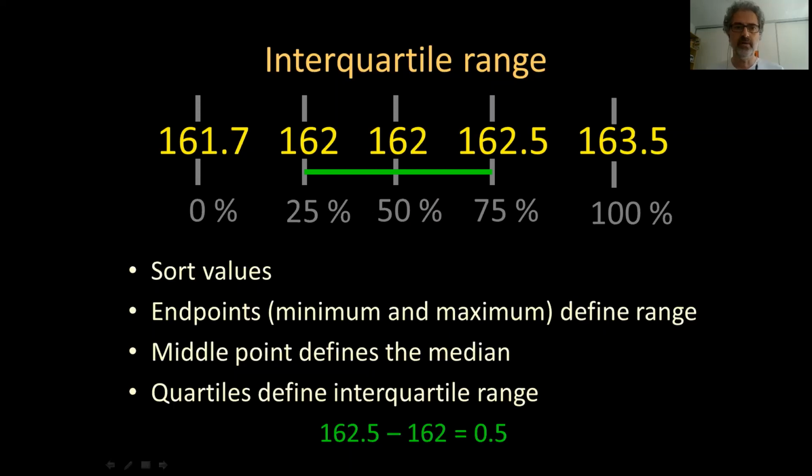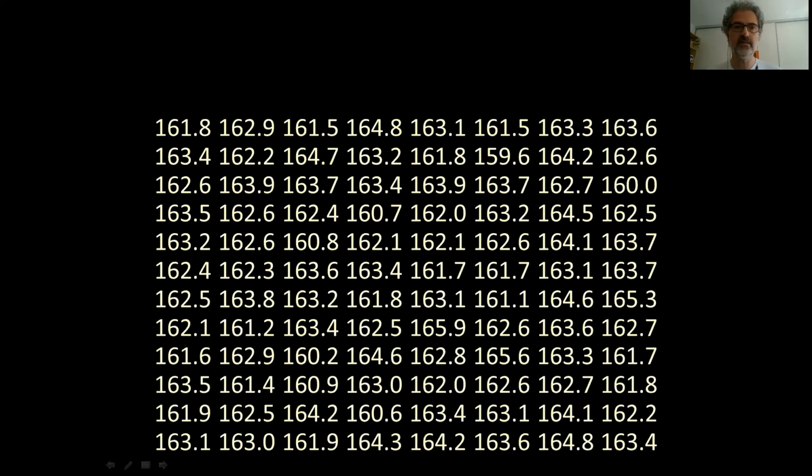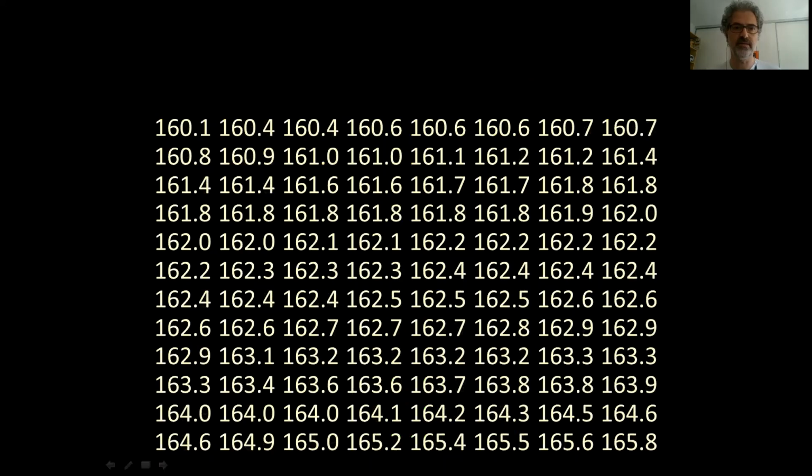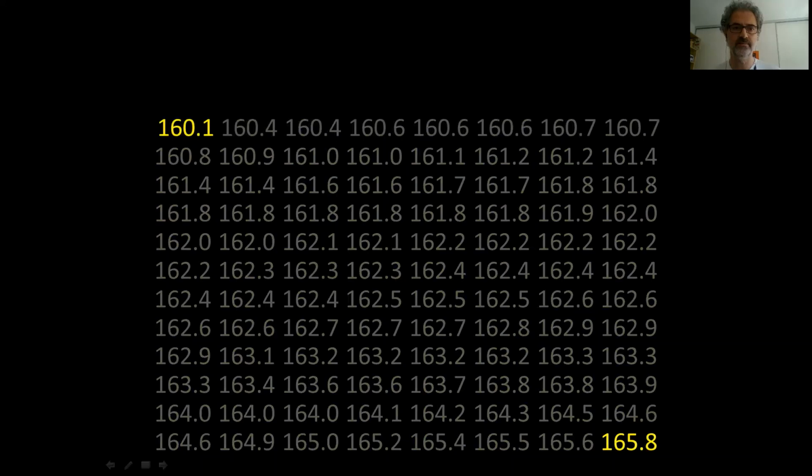Now, I did this with only 5 values in order to have a lot of space to illustrate, but in usual practice, we don't have 5 values, we have many more. And in those cases, it makes more sense to speak of 1/2 or 1/4 of the measurements. So for illustrations, let us consider we have a whole bunch of measurements, which you can then sort such that the first one is the smallest and the last one is the largest.